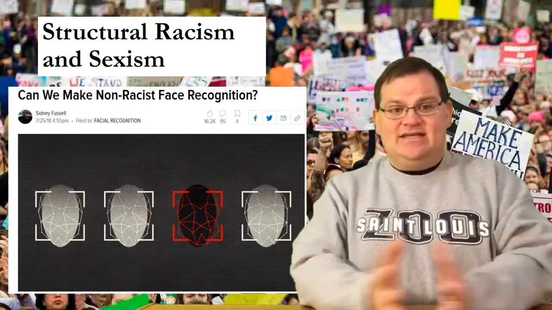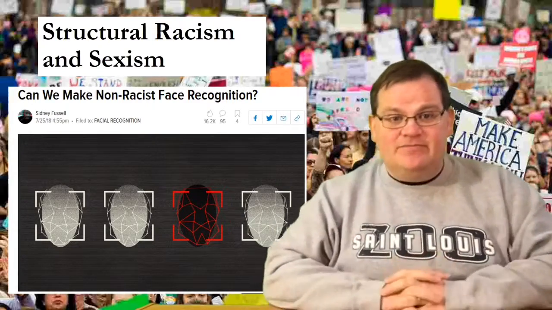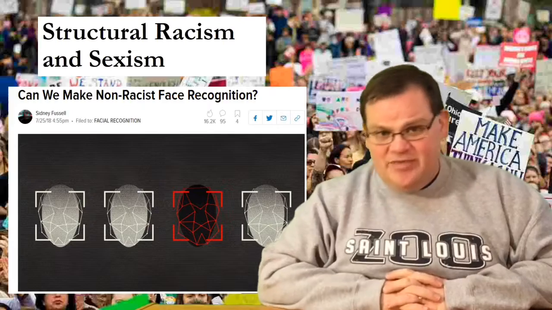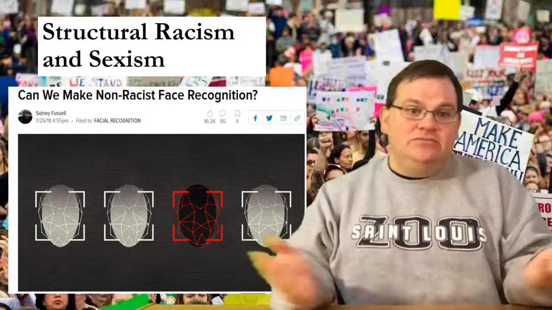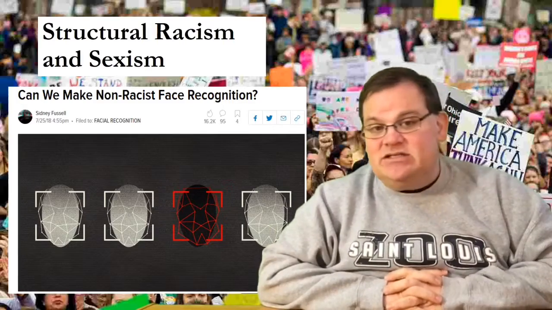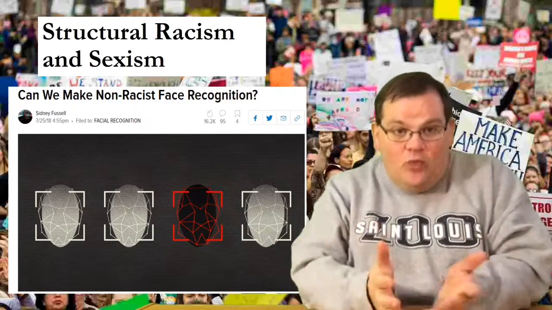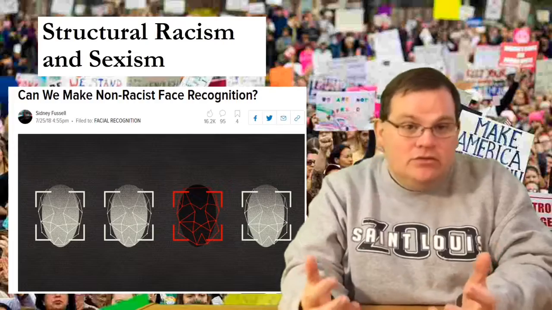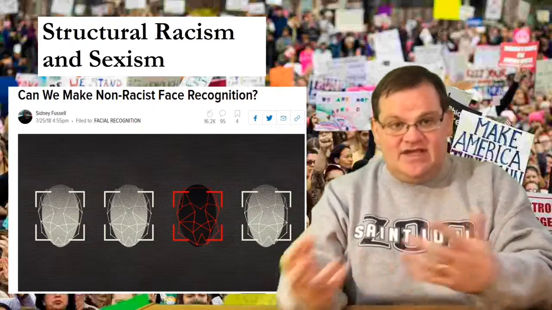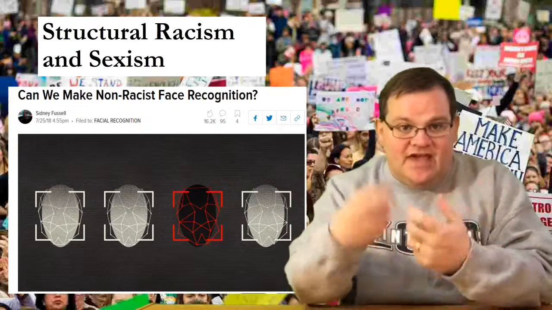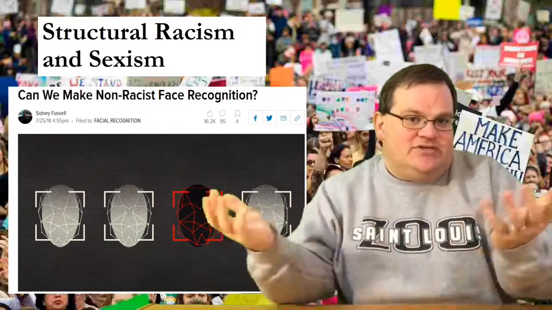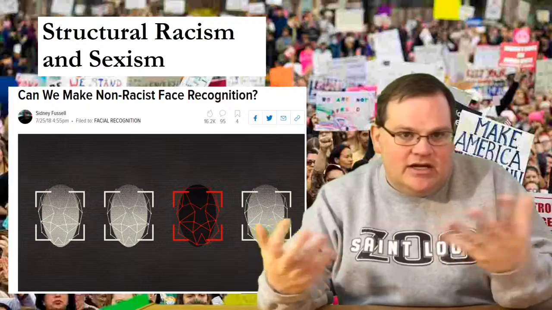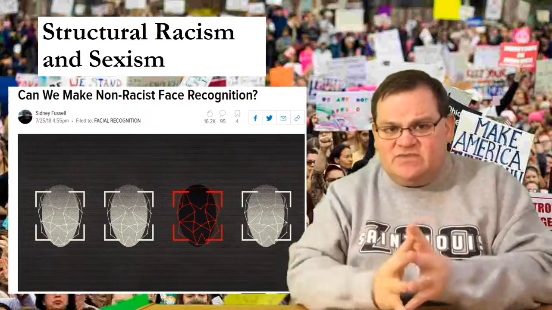Now, why is this? Is this because there's a group of maniacal racists behind camera production? Well, no, it's actually just built into the system. On the one hand, cameras are always used with a set of example pictures. The producer will set their cameras up to a database of different faces and pictures when they're tuning their cameras to figure out what the exposure rate is going to be.